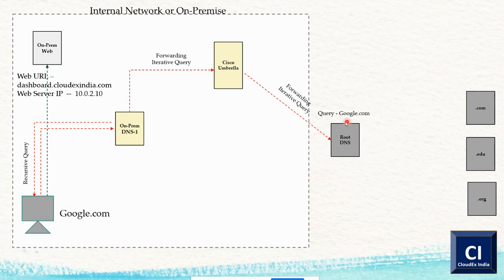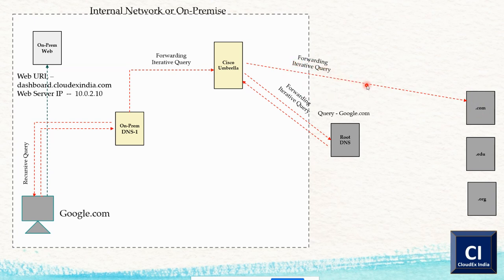Your query is google.com, so it reads the last portion, .com. Your query is related to .com, and I know a server which can give you the response. The root server gives the reference, not the response, of the .com server and says you can reach out to the .com server, which will help you with the answer. Based on the suggestion, I'll reach out to .com, and the query again will be an iterative query.